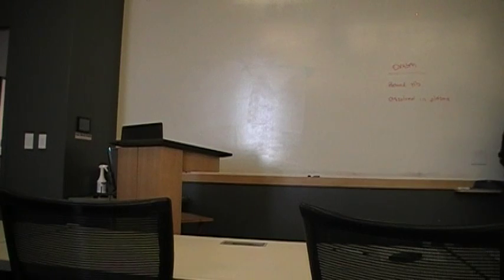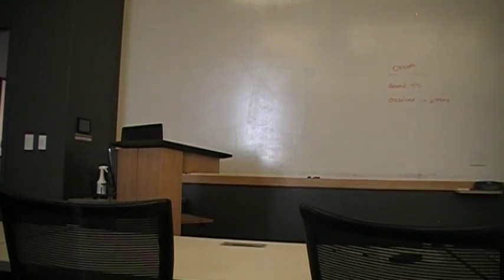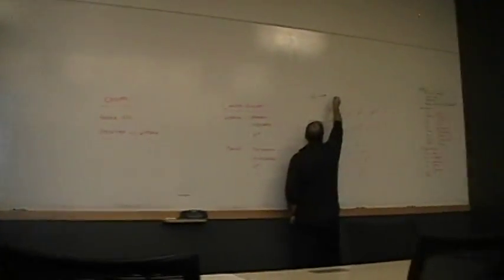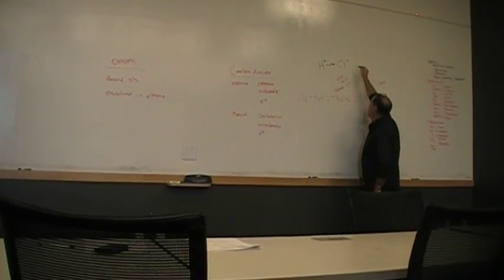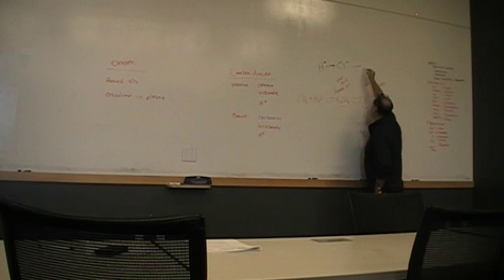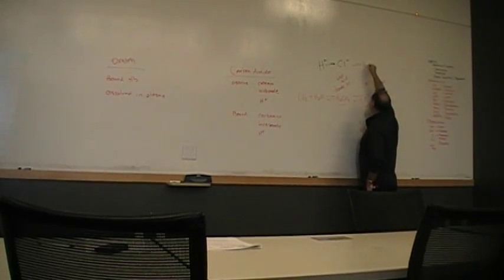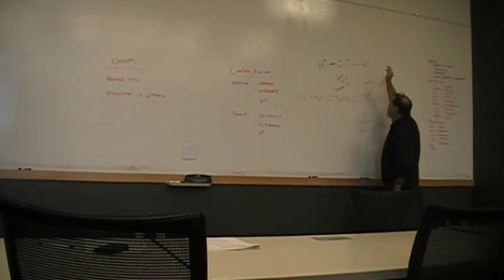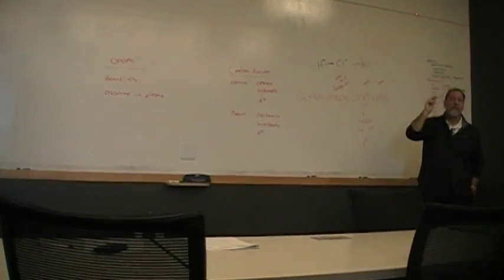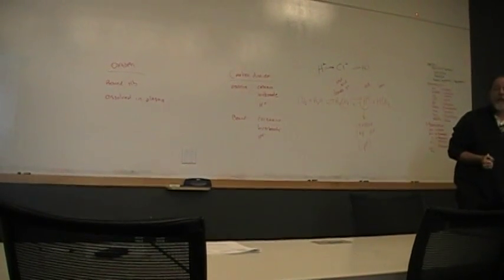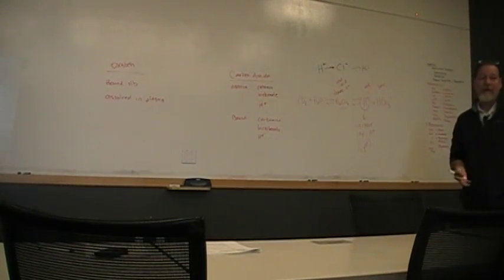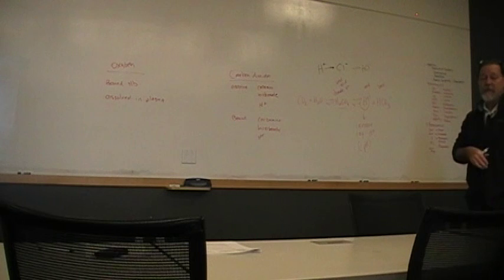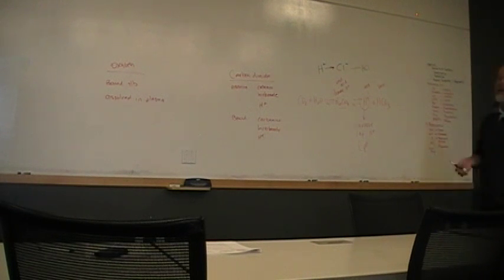One acid is taking a hydrogen ion and combining it with a chloride ion. The hydrogen's positive and the chloride is negative, and that yields HCl, which is hydrochloric acid. Hydrochloric acid is a very strong acid. It's associated with stomach contents. It's what breaks down our food in our stomach. The stomach is lined with cells that secrete hydrochloric acid.